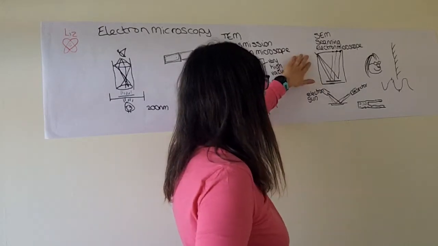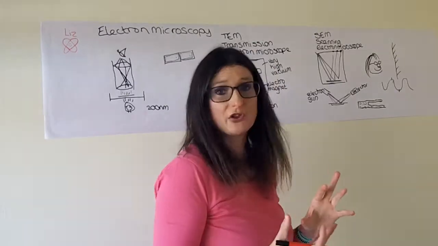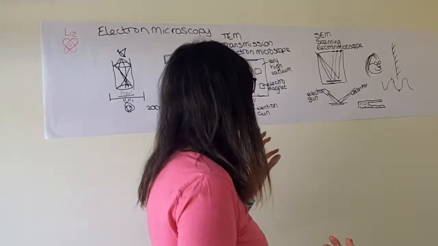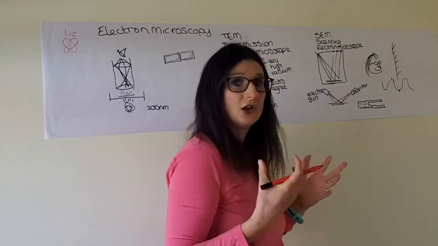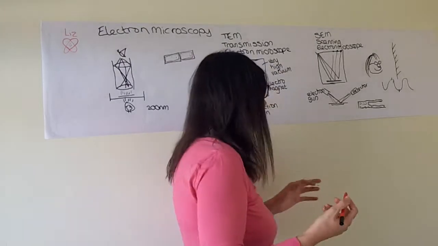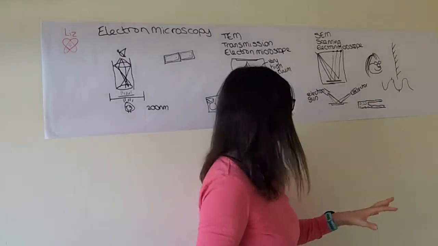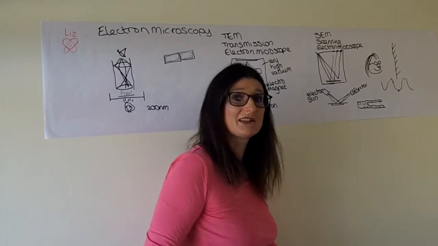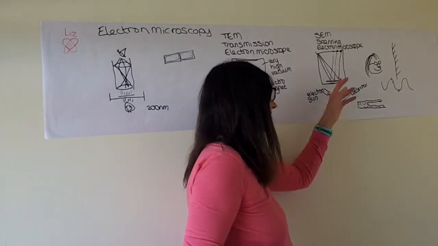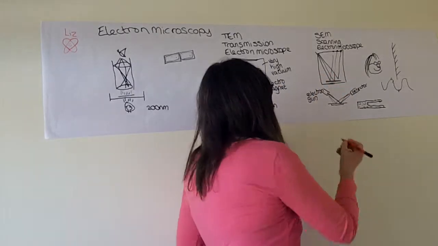Again, you may have seen images taken with the scanning electron microscope. The one that you tend to see quite frequently is an image of a fly's eye, or a fly, an image of a fly looking really huge with big hairs sticking off it, then that's been taken with a scanning electron microscope. As I say, you can't look at things that are alive because there's no air in the chamber.